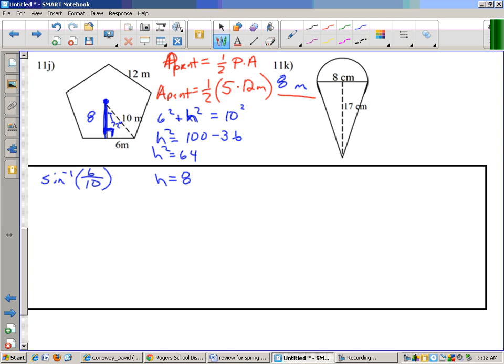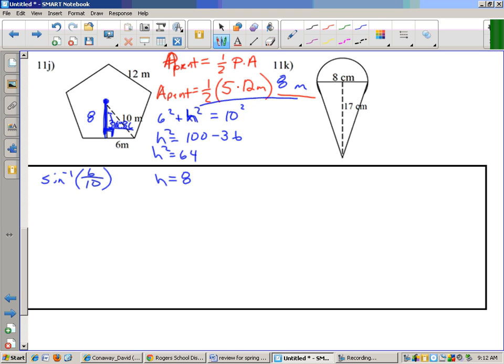Calculator, sine inverse, second sine button. Oh, man, what am I doing? 36.86. Okay. Yeah, it's supposed to be 36, which is half of 72. So, but still 36.86. It's close, but it's off by, it's about 37 degrees. It's supposed to be 36 degrees. Okay, so that one's good.